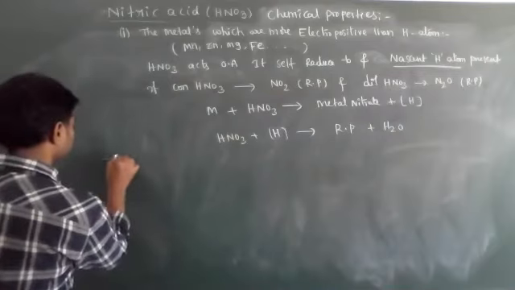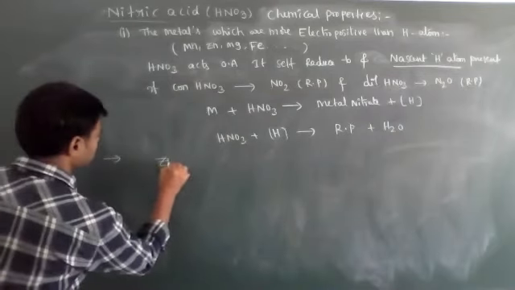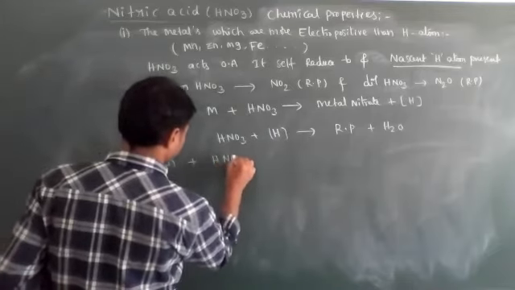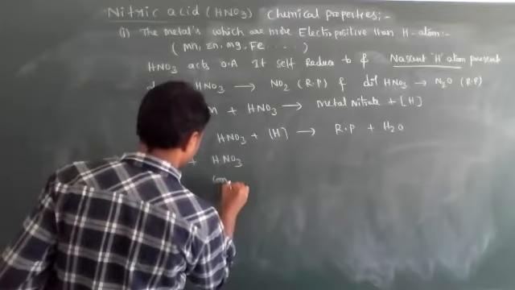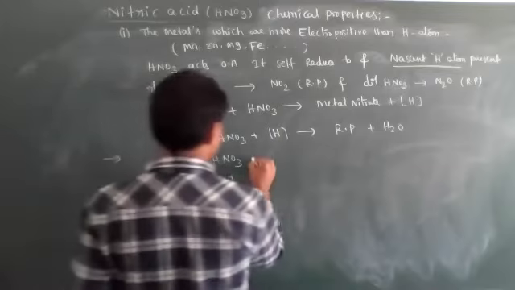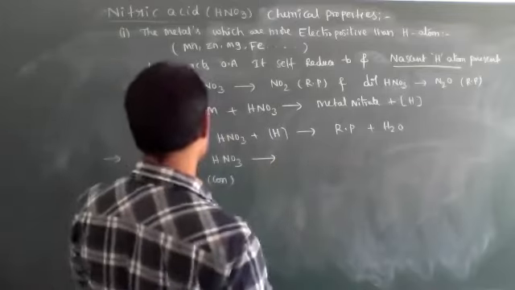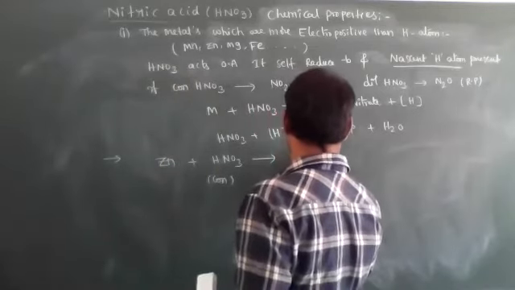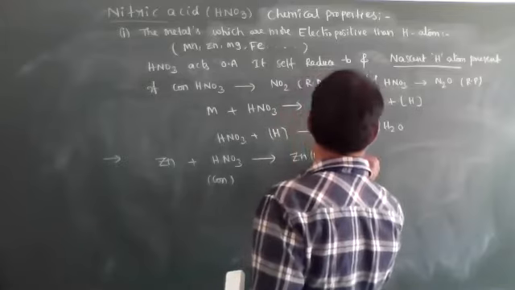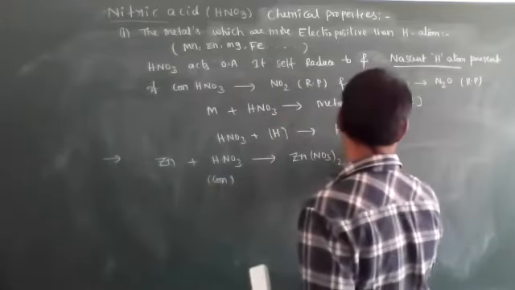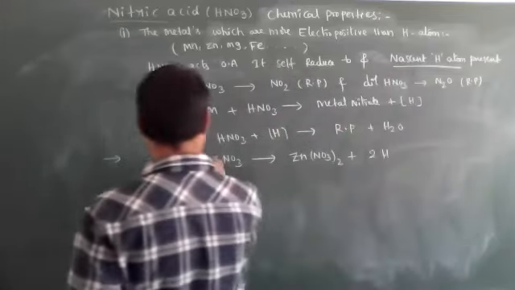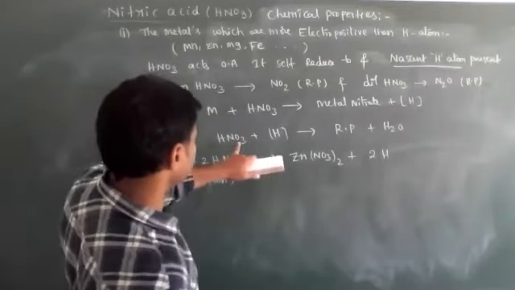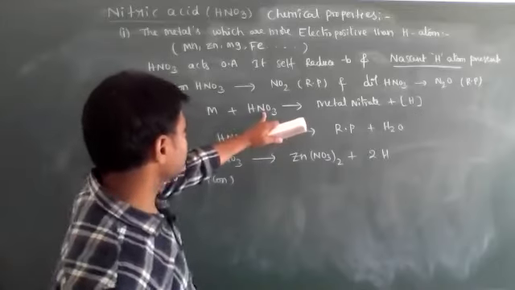Let's see an example. Zinc reacts with concentrated HNO3. First, zinc nitrate, Zn(NO3)2, plus nascent hydrogen atoms; 2 moles are required. The first step is the metal reacting with HNO3.